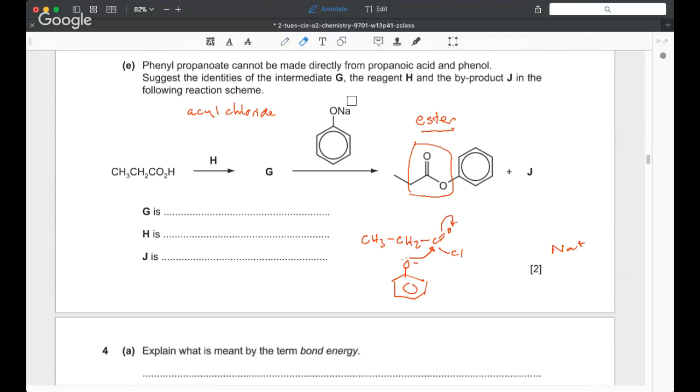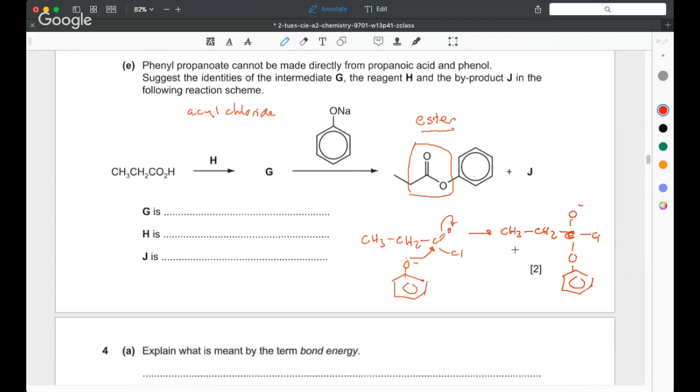Just give myself a bit more space over here. And that's going to give you, that's a carbon there, and then you start to build up what's going to become the ester link.